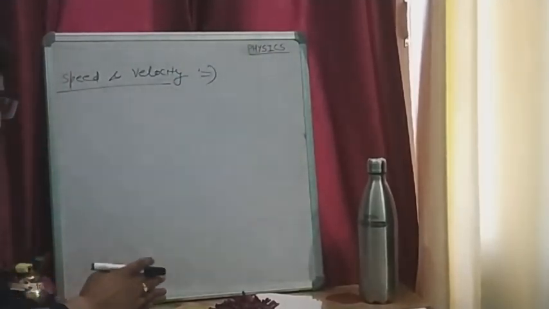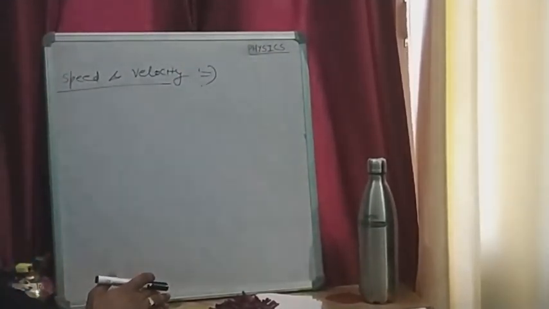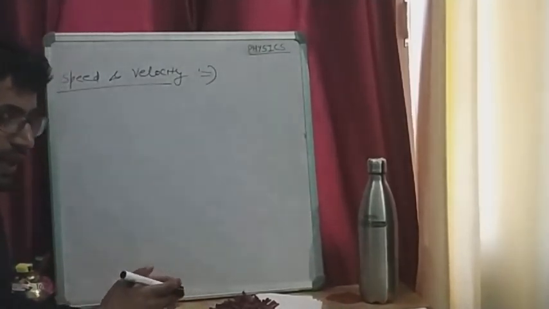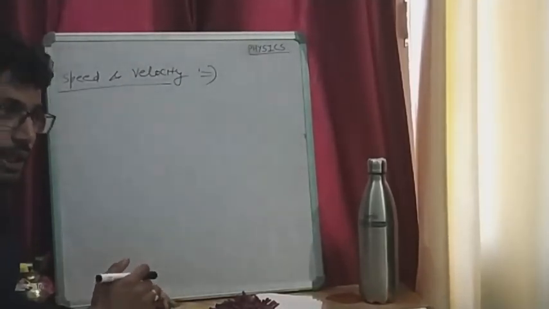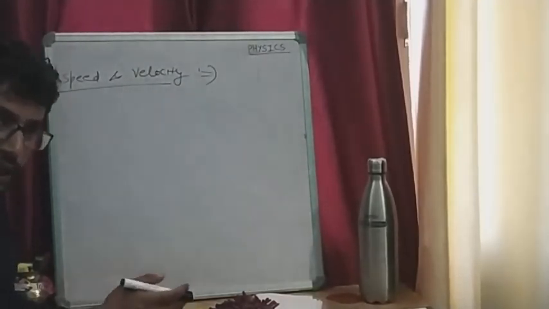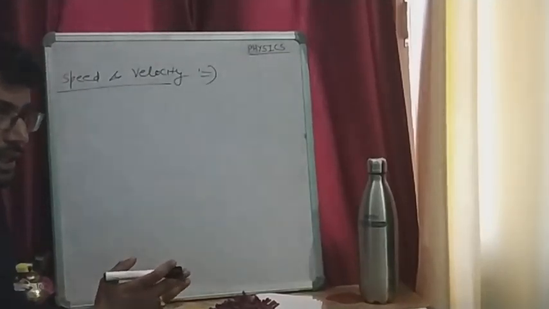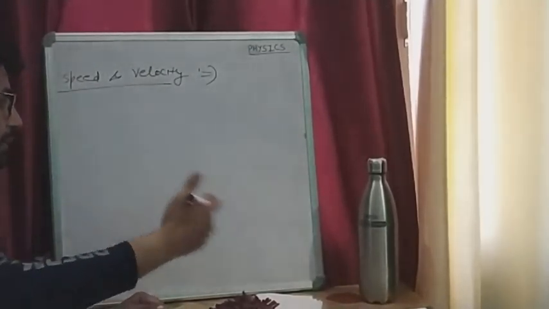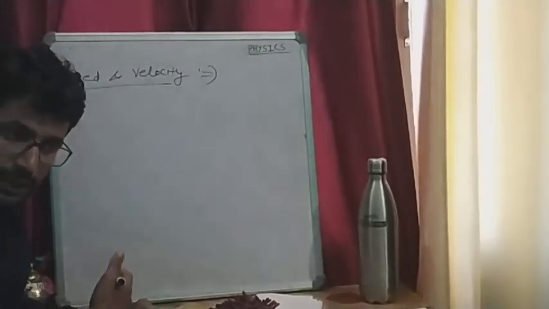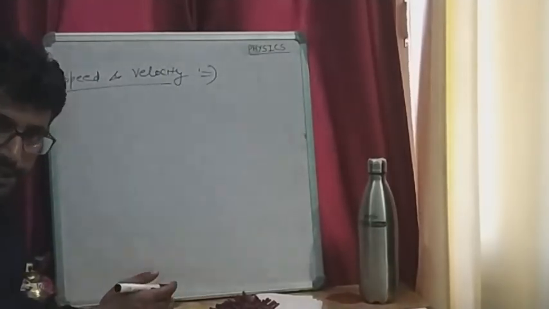At first, you solve all the questions related to distance and displacement. You should know the concept about rest and motion. Then you will move to physical quantities. In physical quantities, there are two types of quantities: scalar quantities and vector quantities. Then you will move towards distance and displacement.